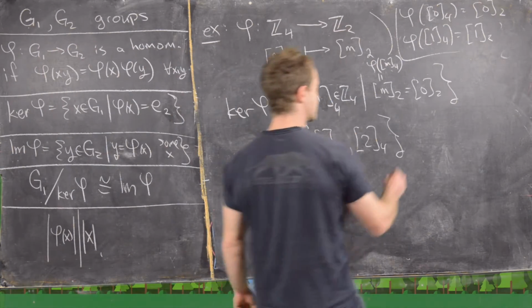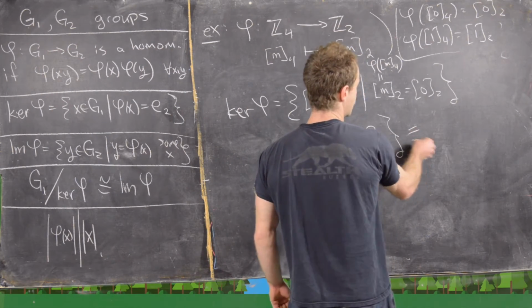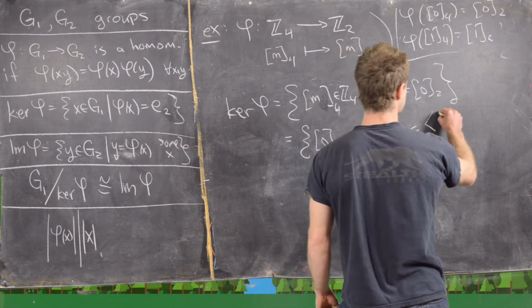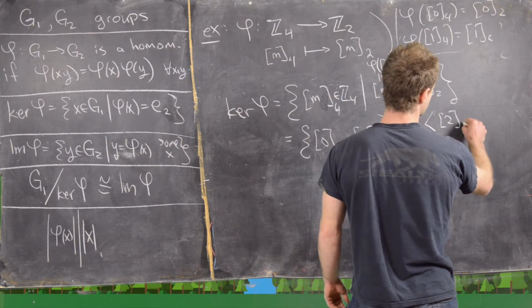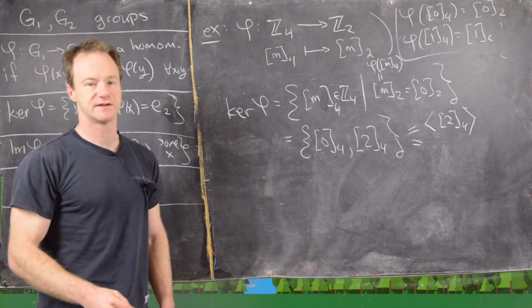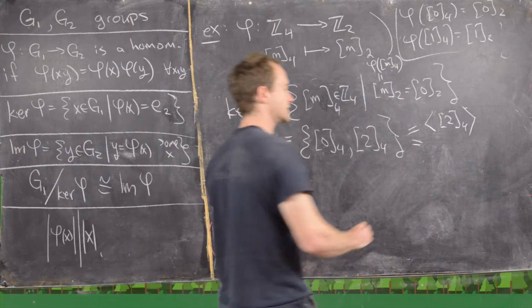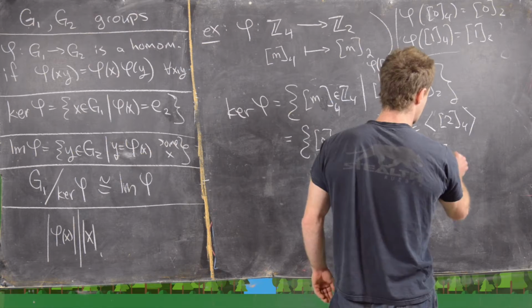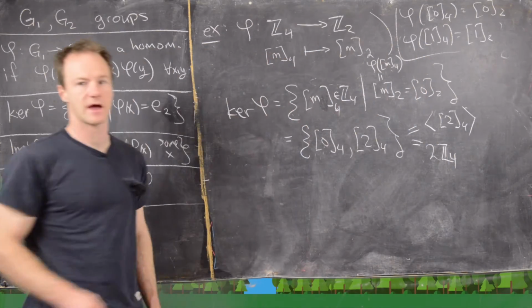But now, notice, if we wanted to, we could write this a couple of different ways. We could say that this is the cyclic subgroup generated by that equivalence class defined by 2. We could also say that this is equal to 2Z4. Okay?